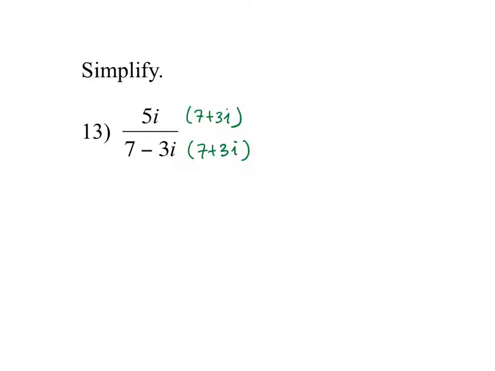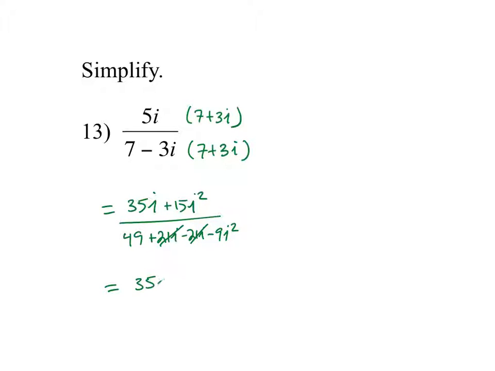So I'm going to distribute, so I have 35i plus 15i squared divided by 49 plus 21i minus 21i minus 9i squared. As you can see, I cancel out this part right there. So 21i minus 21i is 0.